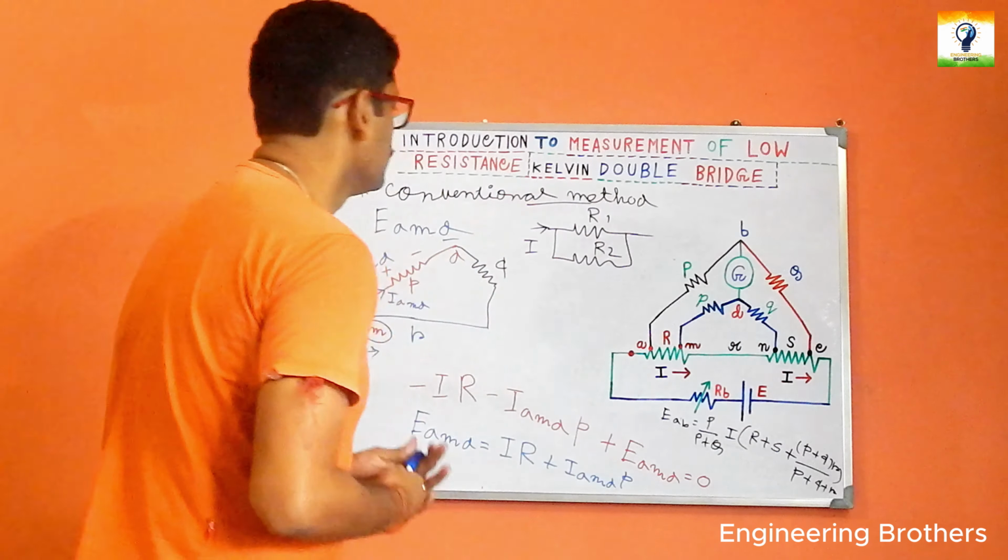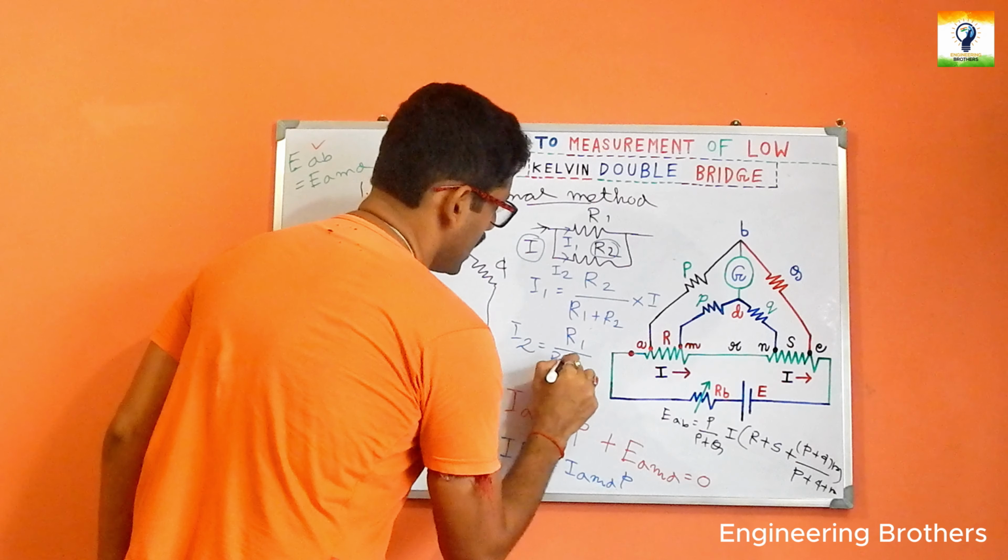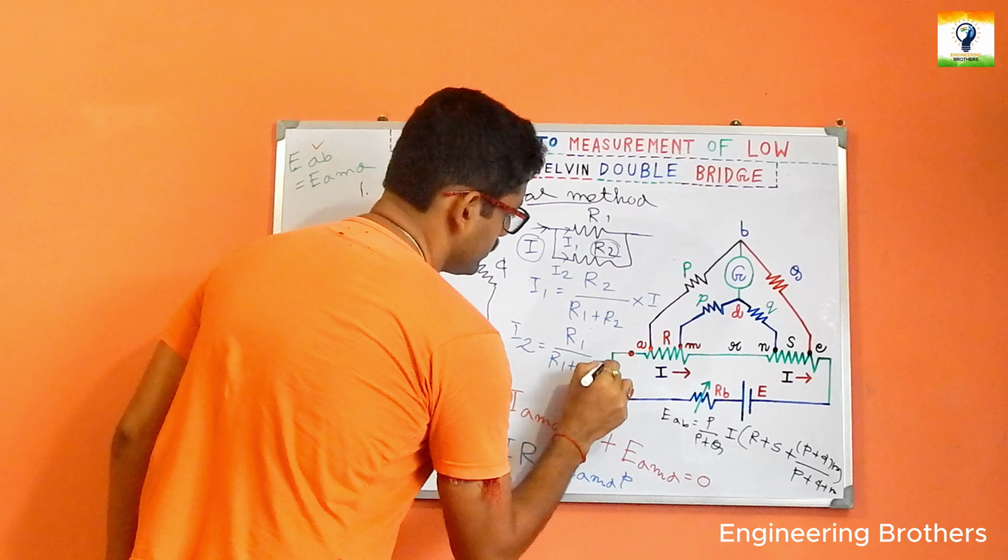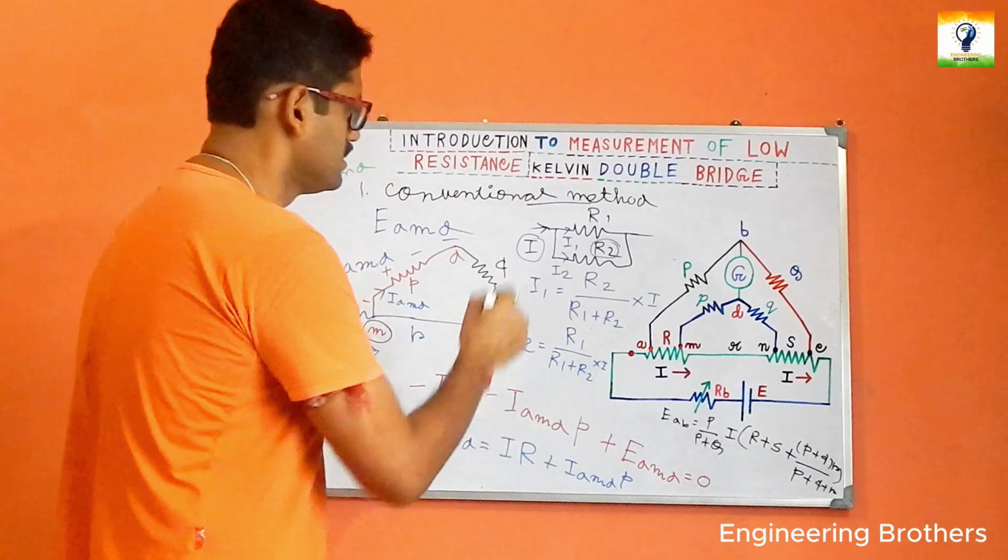The opposite resistor, which is this one, divided by the total resistance R1 plus R2, multiplied by the total current, which is I. Similarly, for the other branch through resistor R2, once again the same formulation: the resistor R1 divided by R1 plus R2, multiplied by the total current. So this is our current division rule.